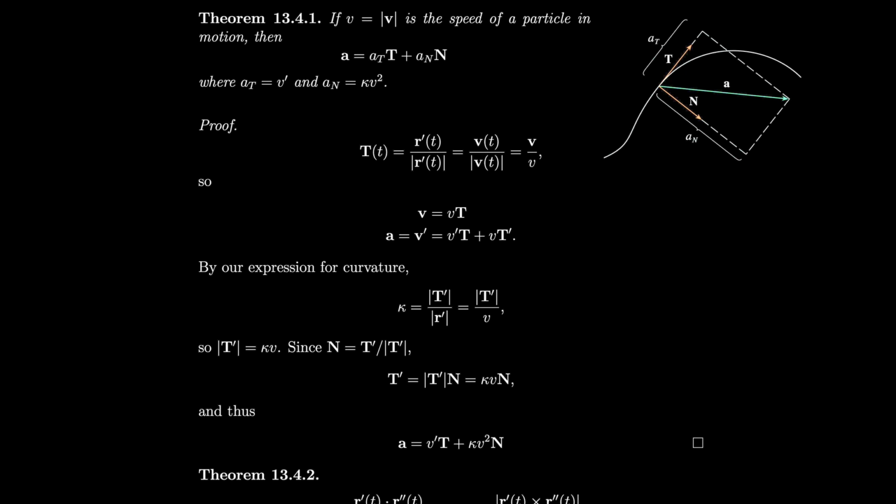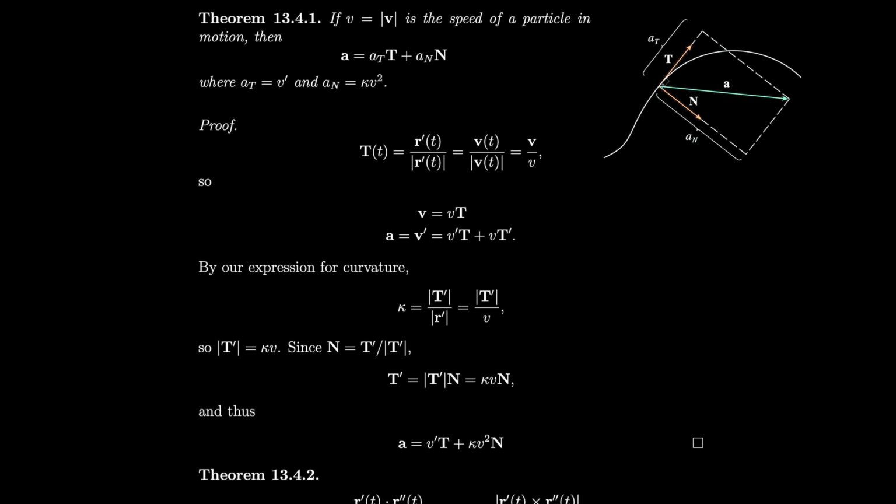If we use this scalar v to represent the magnitude of the vector v, in other words, the speed of the particle in motion, then we can write the acceleration in terms of its components using a unit tangent vector and a unit normal vector. So our picture illustrates how this would make sense.